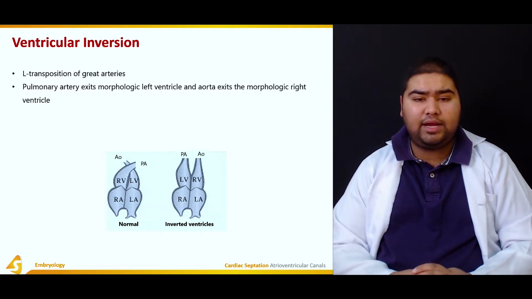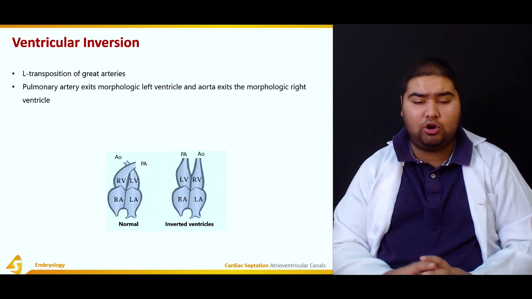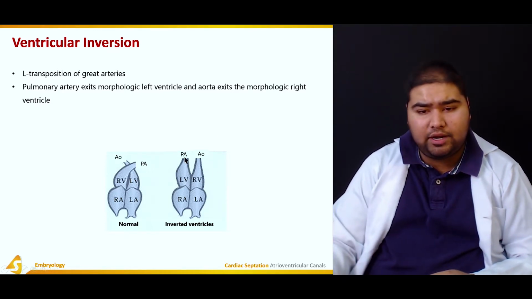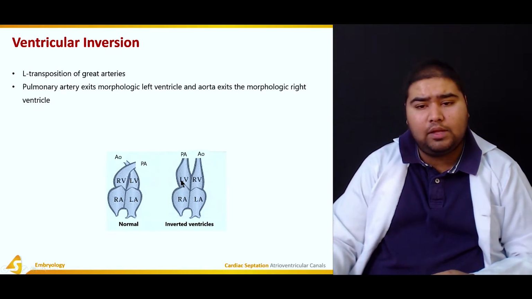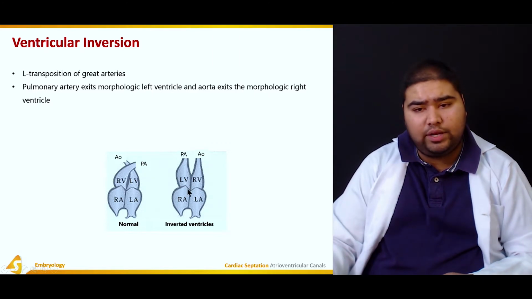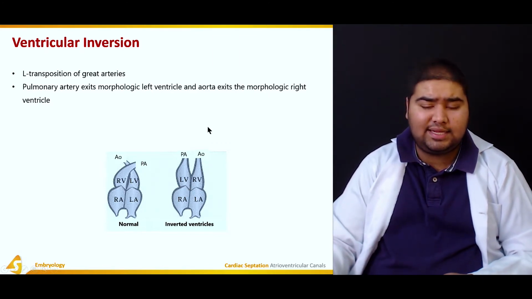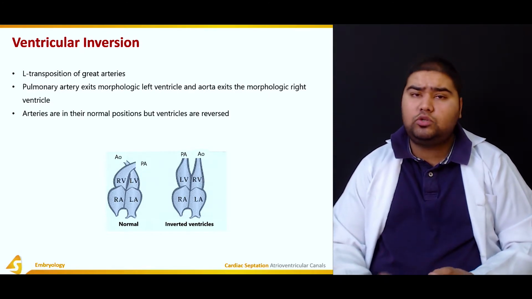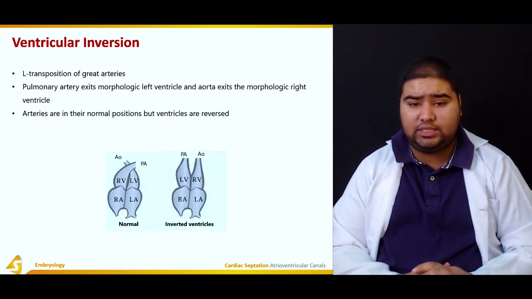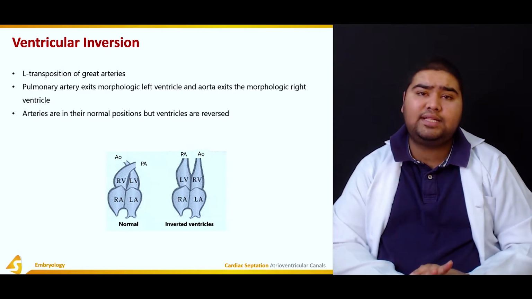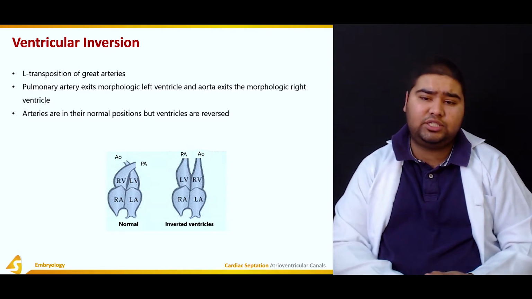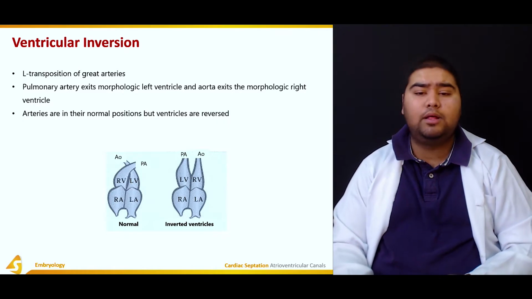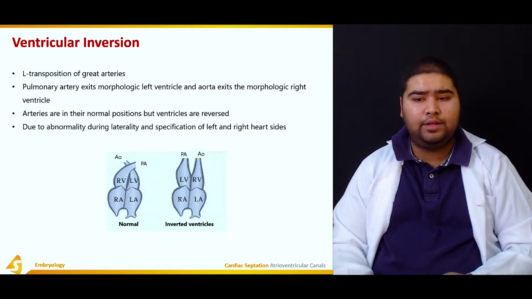Because the pulmonary artery exits the morphological left ventricle and the aorta exits the morphological right ventricle. Here you can see the pulmonary artery exiting the morphological left ventricle. However, the aorta exits the morphological right ventricle. So the arteries are in their normal positions. However, the ventricles have inversed their positions, hence the name ventricular inversion.